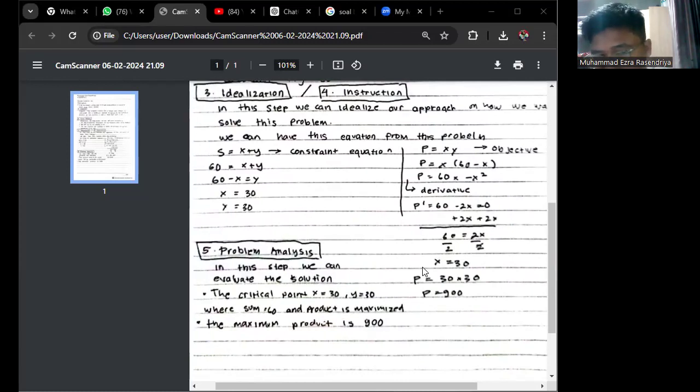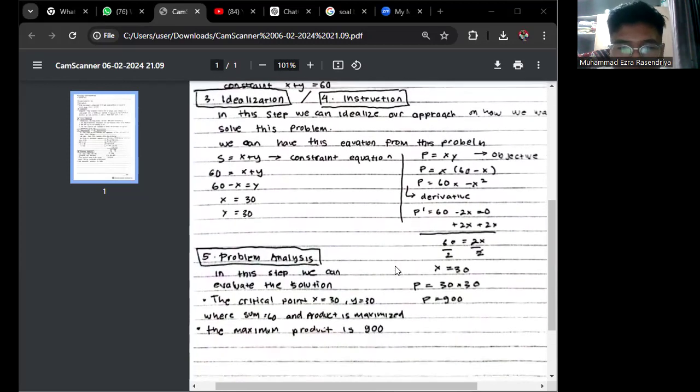Now we can move on to the next step, which is problem analysis, where we evaluate the solution and what we get from this equation. So we already know the critical point where x equals 30 and y equals 30.